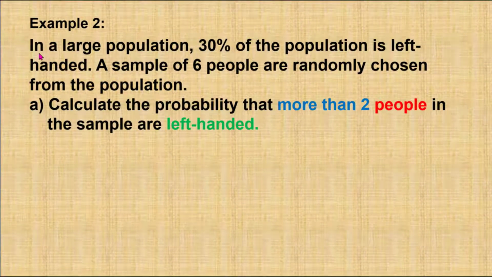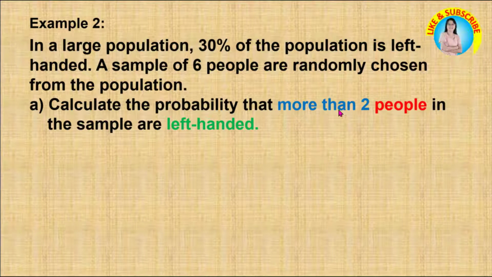The next example: in a large population, 30% of the population is left-handed. A sample of 6 people is randomly chosen from the population. Question A: calculate the probability that more than 2 people in the sample are left-handed. In this question, we need to calculate the probability of more than 2 people, which means that we need a probability distribution for a random variable.